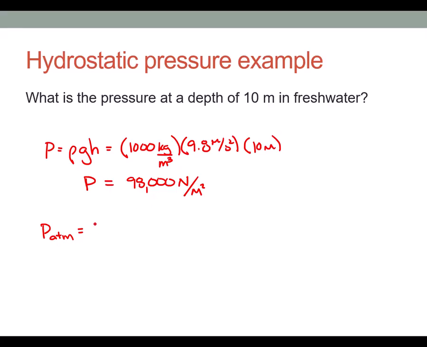Atmospheric pressure is 101,325 newtons per meter squared, or pascals. Remember, that's the unit there as well. So when you go down 10 meters, yes, you go up in pressure. You've almost doubled the pressure that is on you, almost, by going down 10 meters.